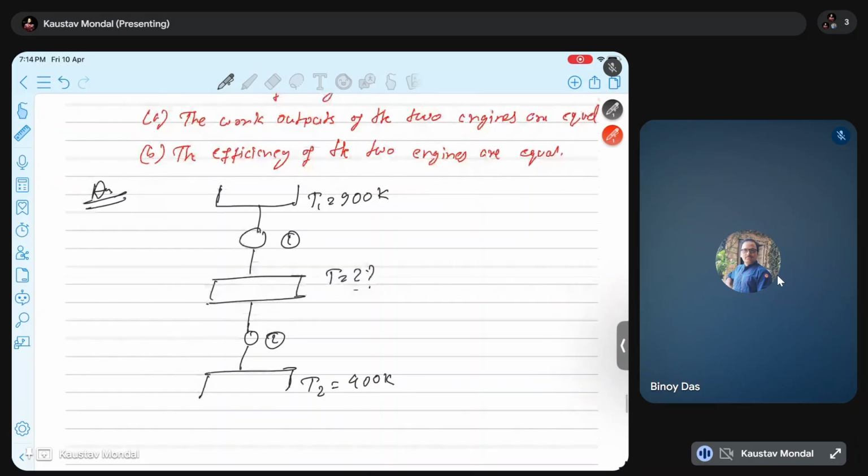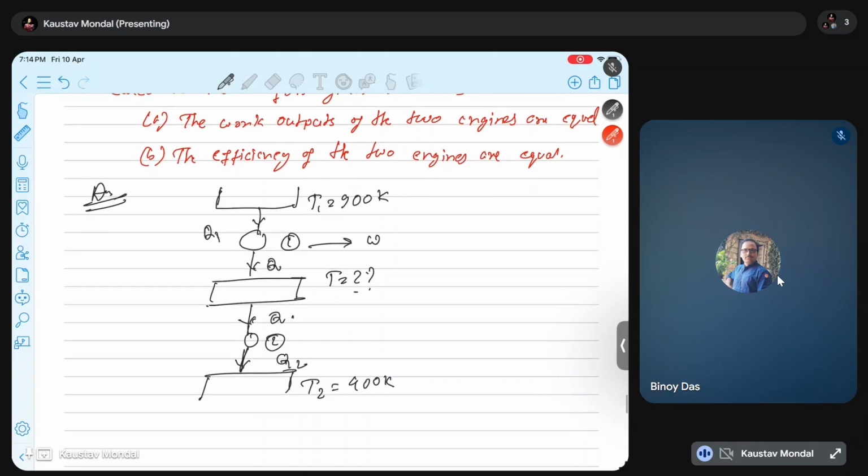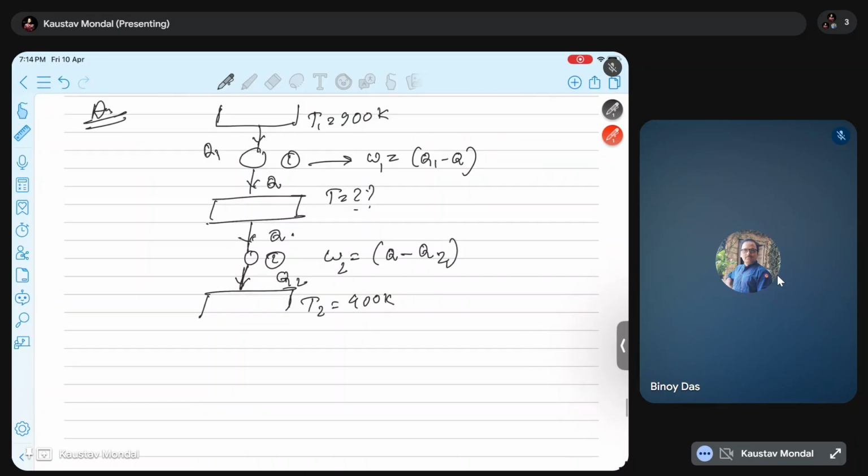Now let's suppose engine 1 draws Q1 heat and dumps Q heat here. From here the second engine takes Q heat and dumps Q2 heat. For this case the work done W1 is Q1 minus Q, and W2 is Q minus Q2, right?